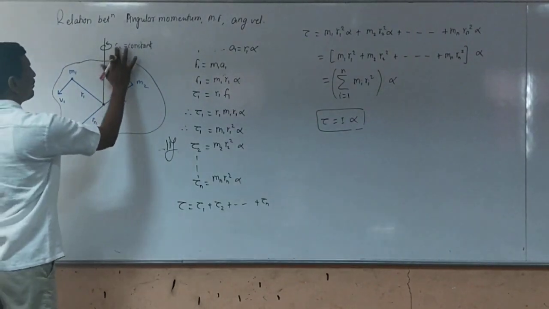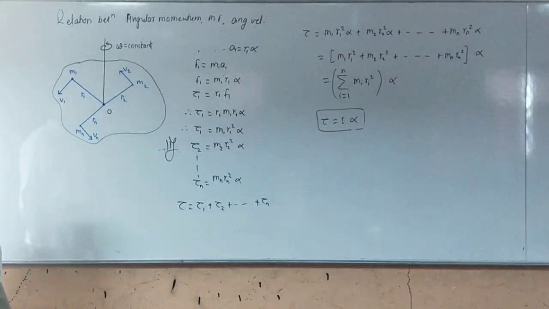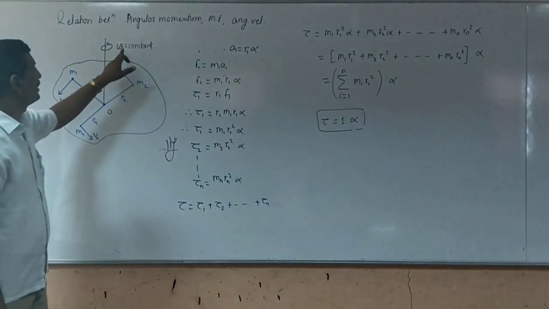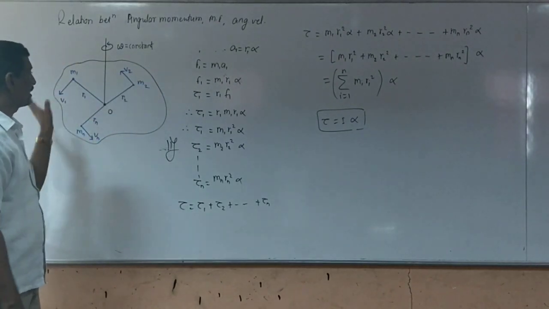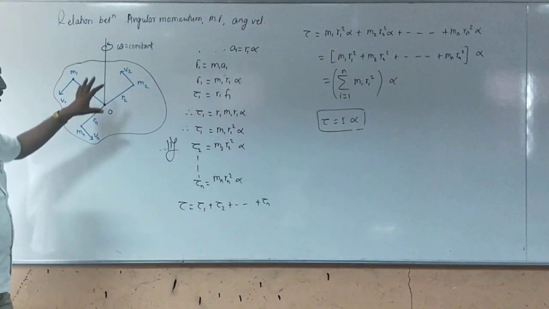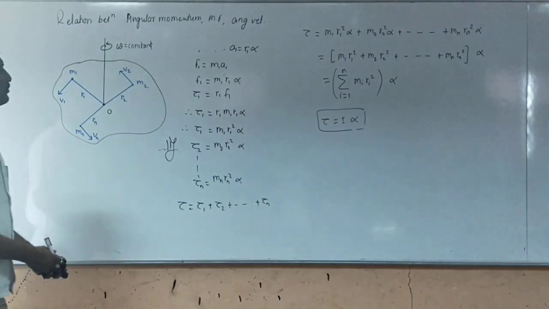Again we consider a rigid body of any shape rotating about an axis with constant angular velocity ω. It contains a large number of particles having masses m1, m2, and so on. As the body performs rotational motion, every particle performs circular motion.